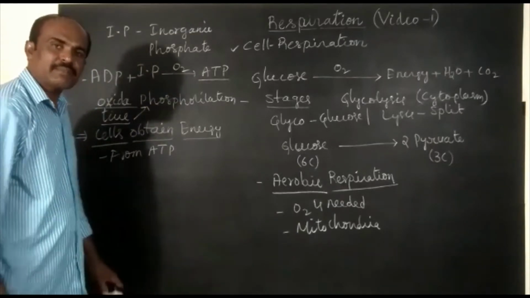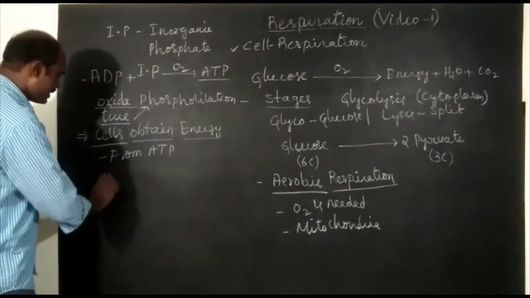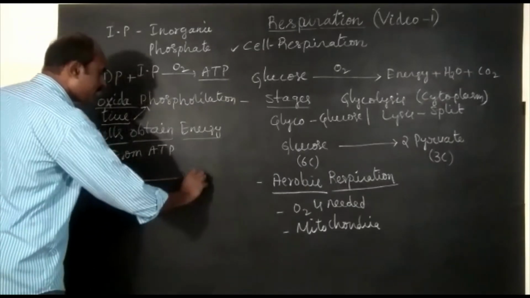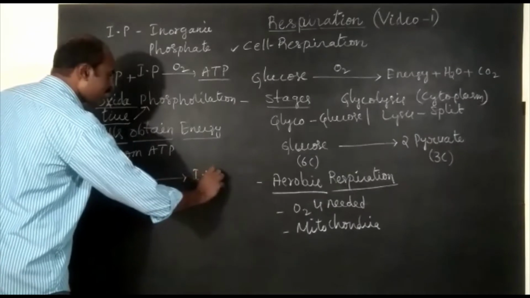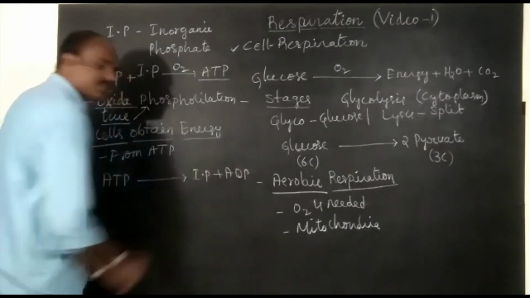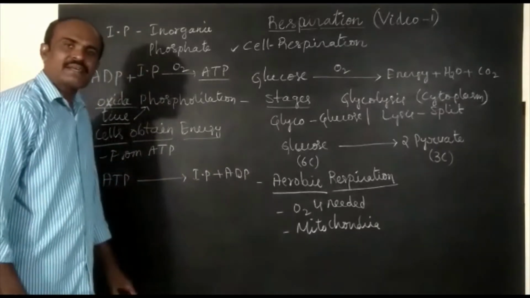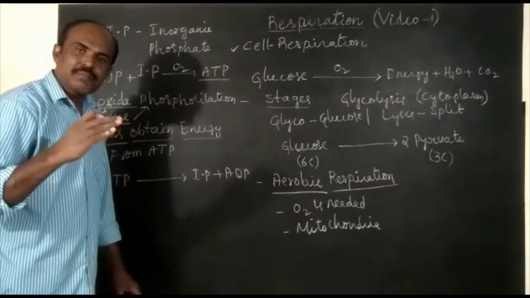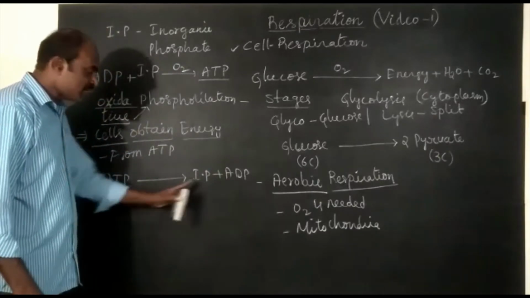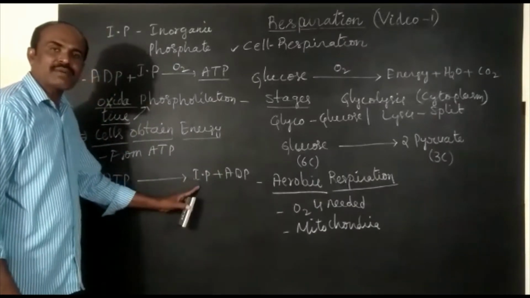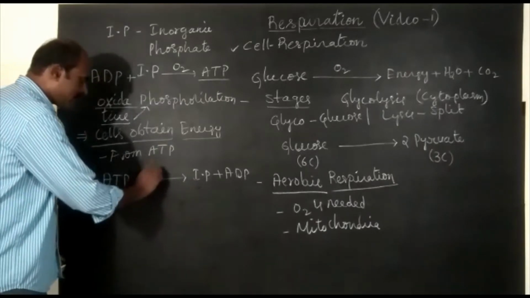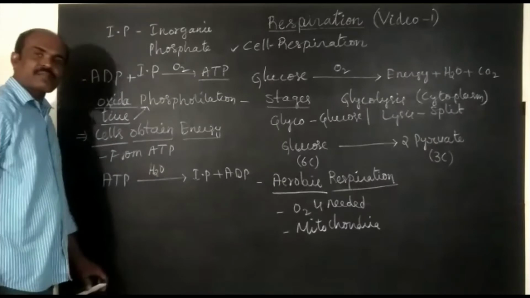How is ATP split? See, ATP splits into inorganic phosphate and ADP. This terminal phosphate is broken down from ATP molecule. As a result, energy is released in the form of inorganic phosphate. This process happens in the presence of water.